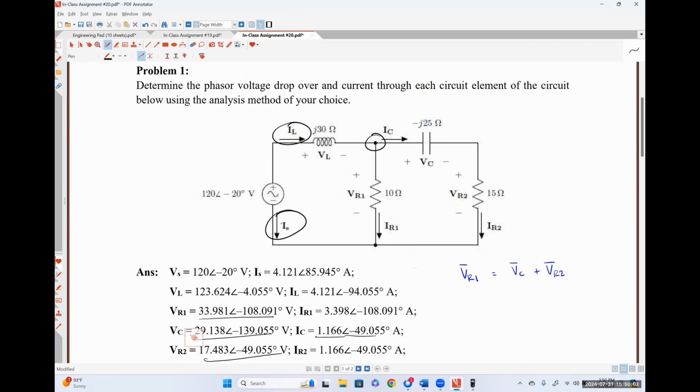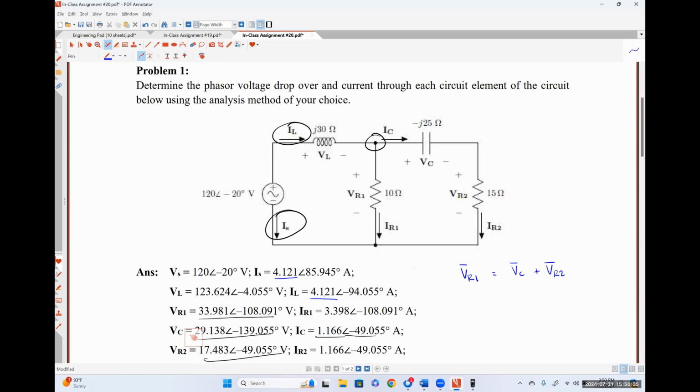That is why IS has a magnitude of 4.121 and IL has a magnitude of 4.121, but their phase angles are different because they're in opposite directions. So there's 180 degrees of phase difference between them. Multiplying by a factor of -1 is the same thing as changing the angle by plus or minus 180 degrees. All right.